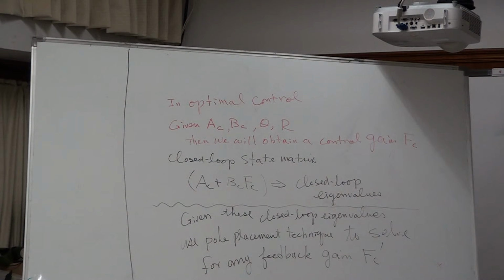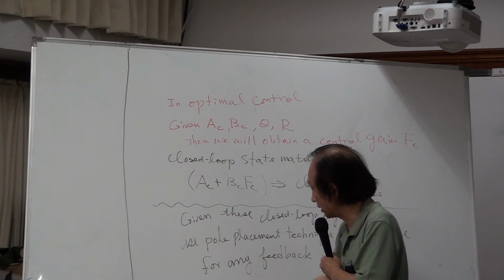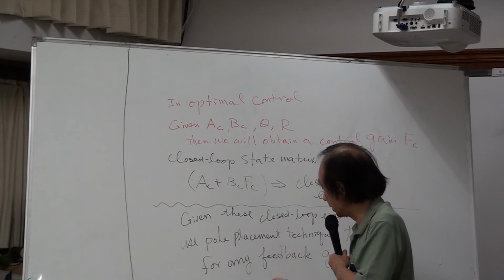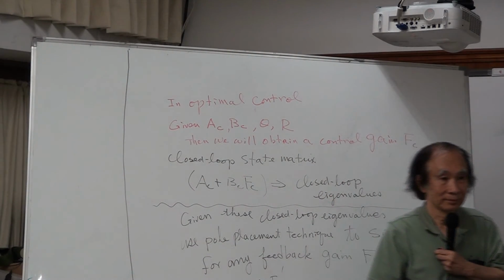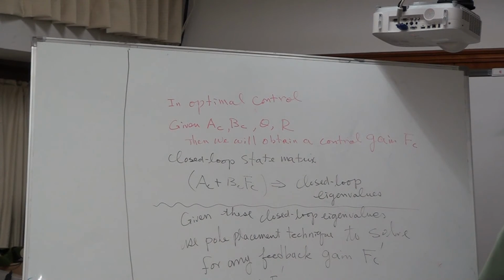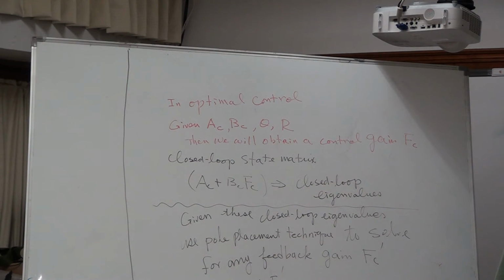Now, I will have AC plus BC FC prime, and they have the same eigenvalues. They may have different eigenvectors. They may have the same eigenvectors too.